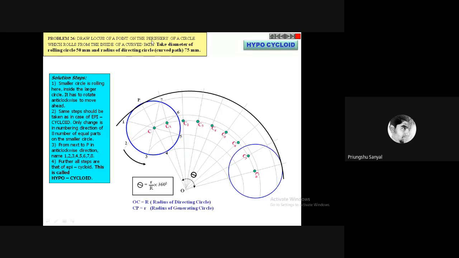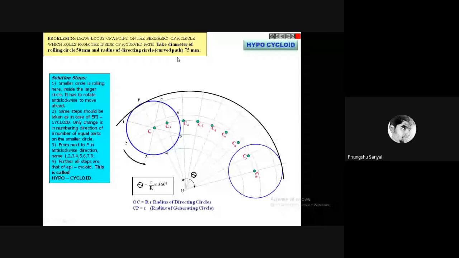Sir, the length of the radius we cannot take by the scale, so we will take any measurement and draw the radius. Which radius are you talking about? From O to the directing circle and the rolling circle. No, this will be given in the problem.